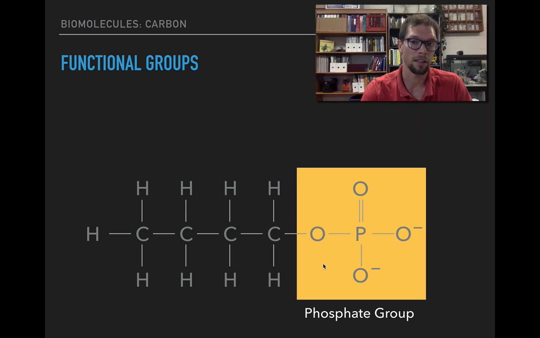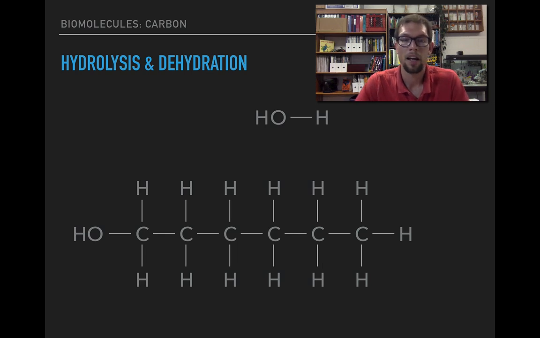Now, in order to form macromolecules, you have to take different monomers, meaning the individual units, and put them together to make polymers. So in order to do this, you need to have a reaction that will bring these together, and you also need a reaction to break them apart, and that's what hydrolysis and dehydration reactions are about.